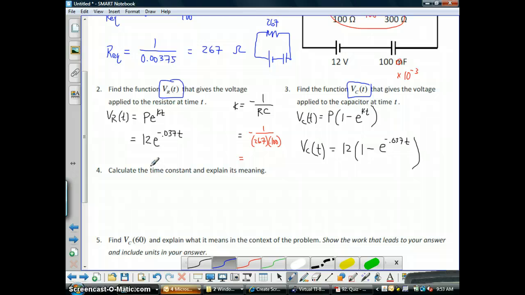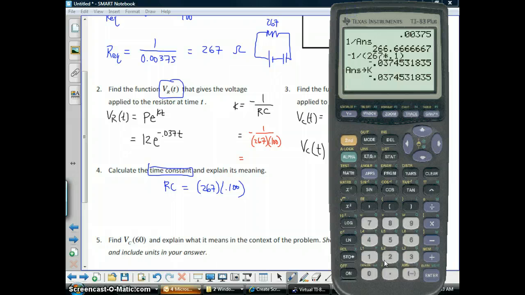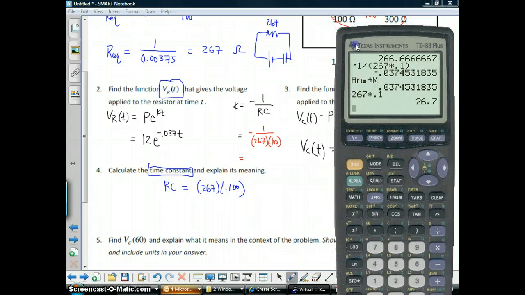Okay, now it's asking us to find the time constant. Time constant is just R times C. So that's going to give us 267 times 0.100, which is 26.7.